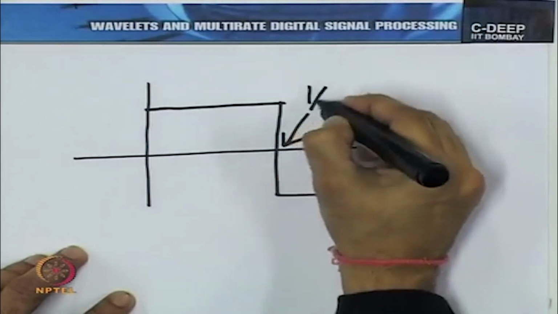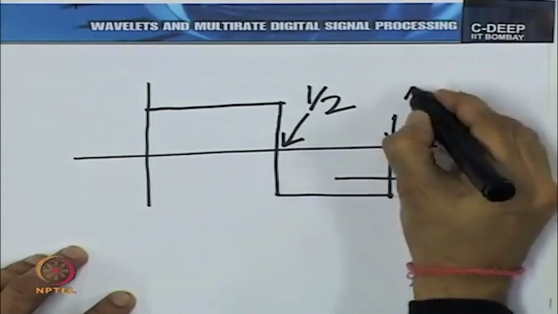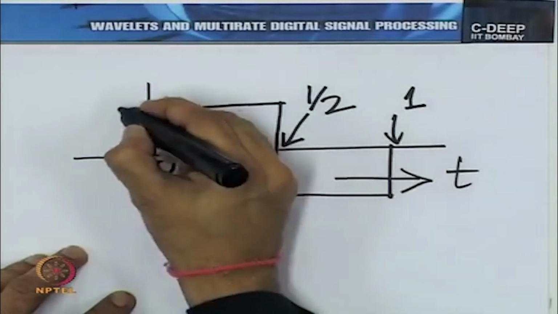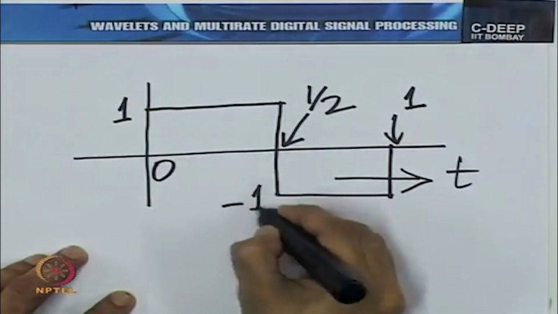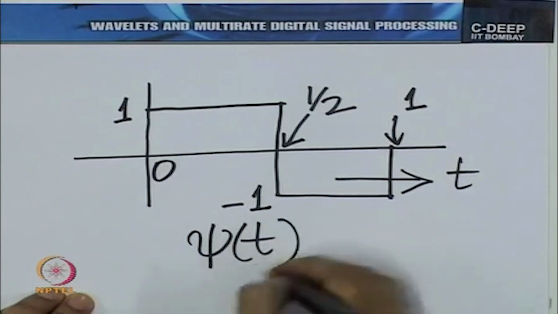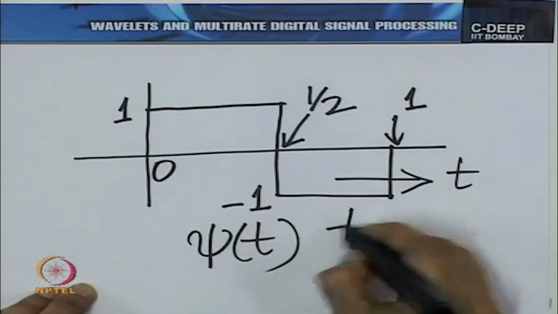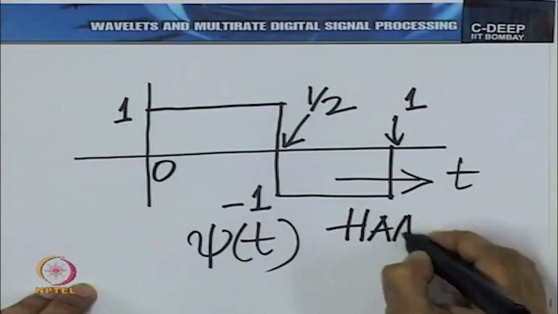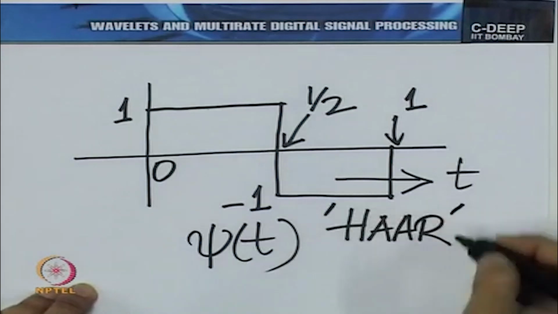This is the point half, this is the point 1, point 0, 1 here and minus 1. And let us give this function a name, let us call it psi of t. In fact, this is indeed what is called the Haar wavelet. Haar, again the name of the mathematician.